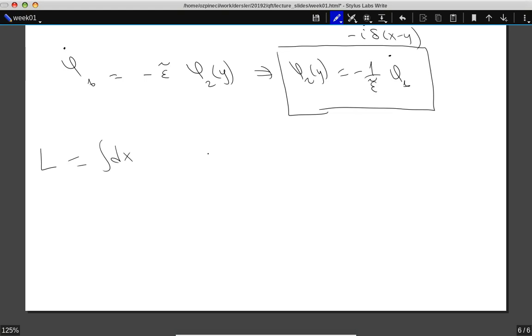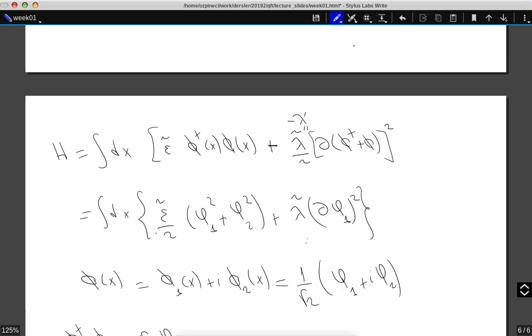Okay, now I can write my Lagrangian, which was dx. Phi 2 is my momentum. My momentum is minus 1 over epsilon tilde phi 1 dot times my coordinate, phi 1 dot, minus my Hamiltonian. My Hamiltonian is the integral over h of these terms.